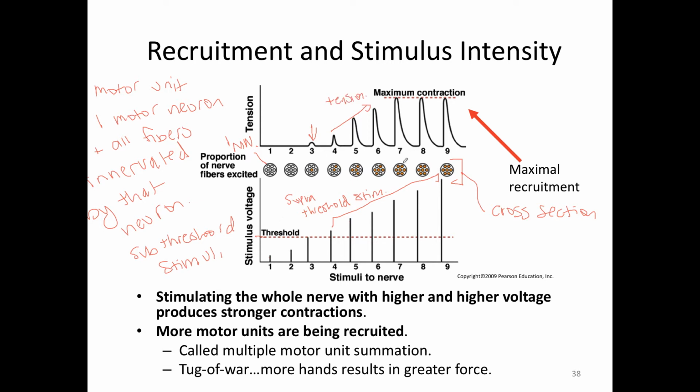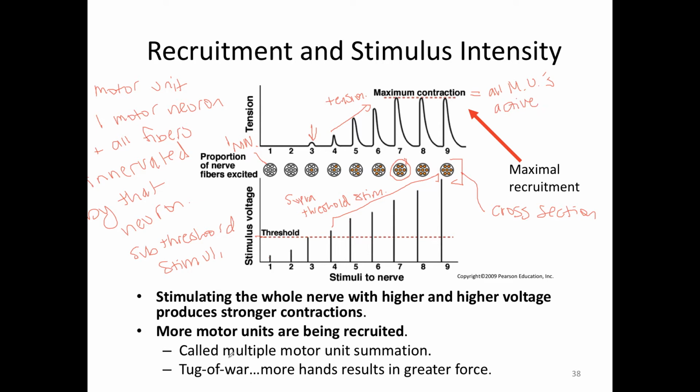But at some point, you're going to be exciting all of the motor neurons innervating a muscle, which means that you are recruiting all of the motor units available in that muscle, and that is the maximum amount of contracting that that muscle can possibly do. So maximum contraction equals all motor units active and contracting.